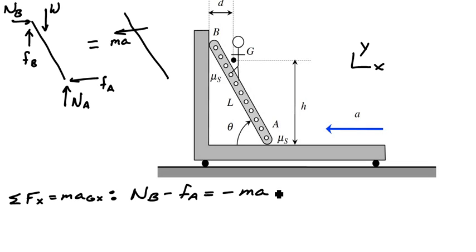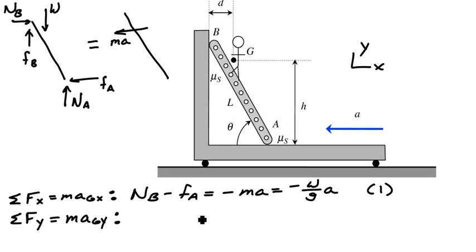And because in this problem we're not given mass, we're given weight, I can rewrite this as minus W over g times A. Let's call that equation 1. I can also sum forces in the y direction, set that equal to the acceleration at G in the y, which turns out to be 0 in this case. And what I'll get is that FB minus W plus NA is equal to 0. We can call that equation 2.